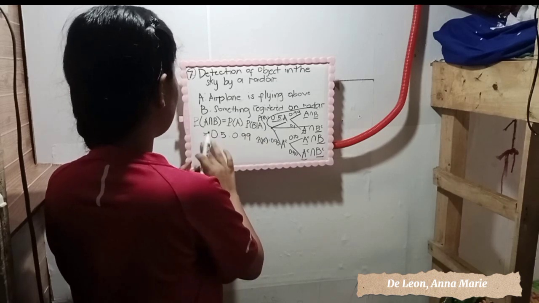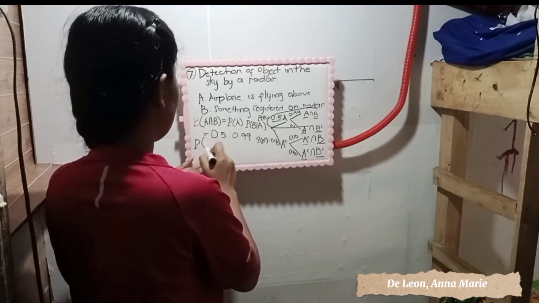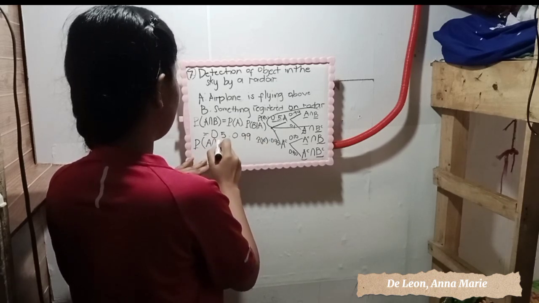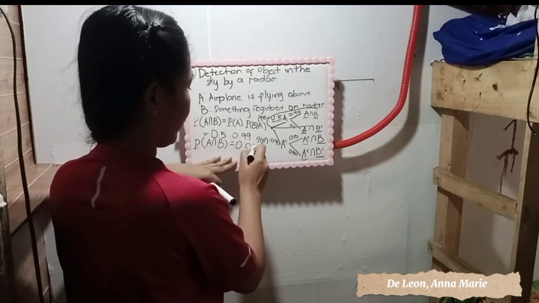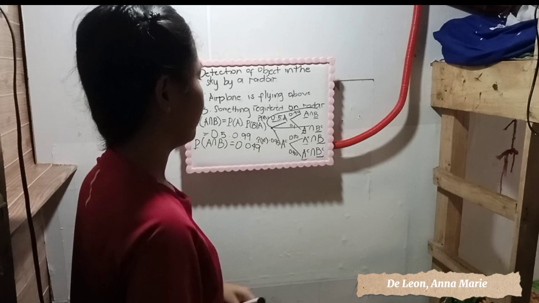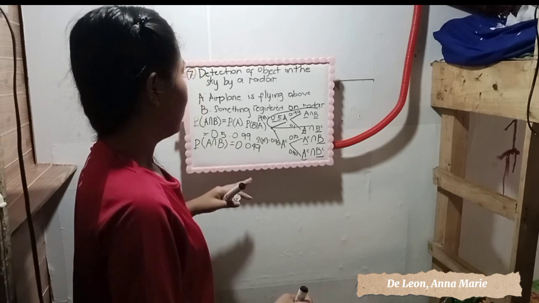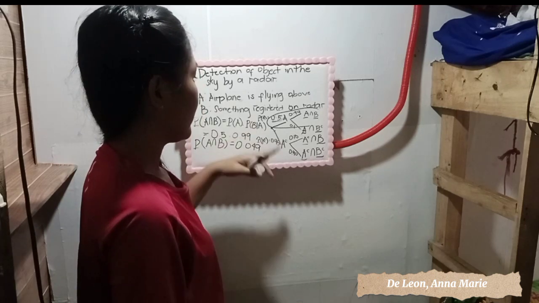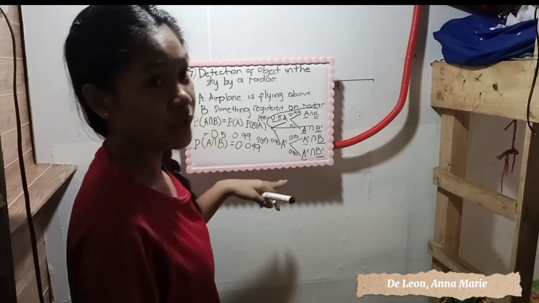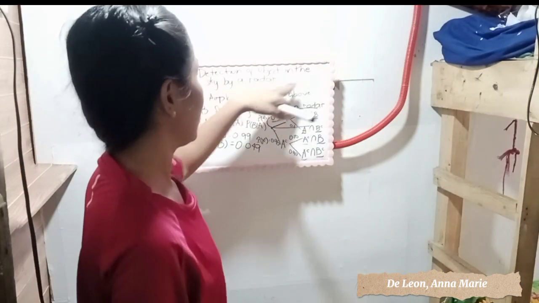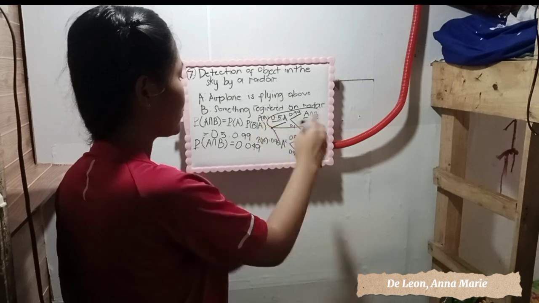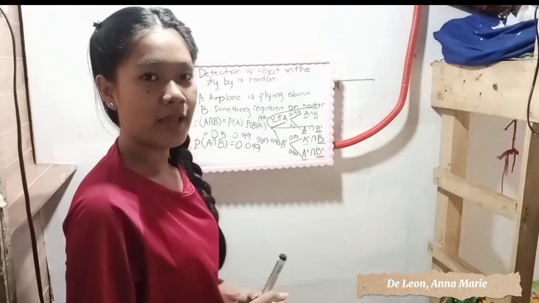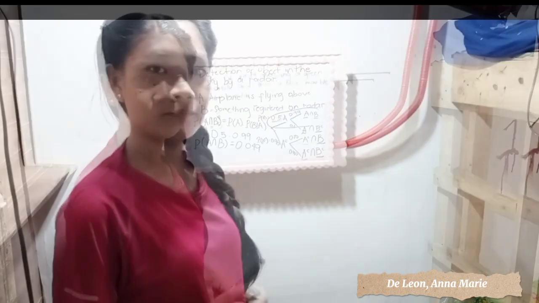So the probability of A intersection B is equal to 0.495. So that's the computation of the detection of an object in the sky by a radar, in which A occurs and B occurs.